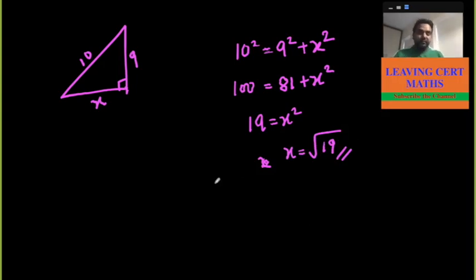Okay, now let's move to another topic. Tell me, what was the main criteria of using the Pythagoras theorem? The first criteria is it has to be a right angle triangle, right?